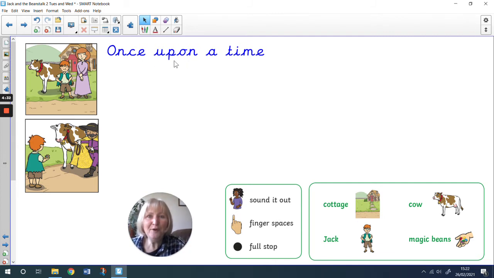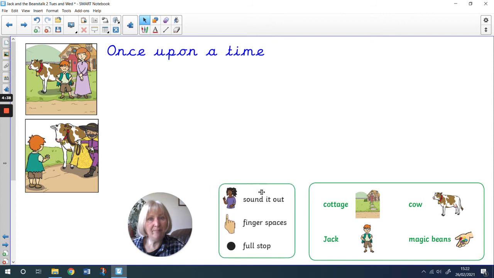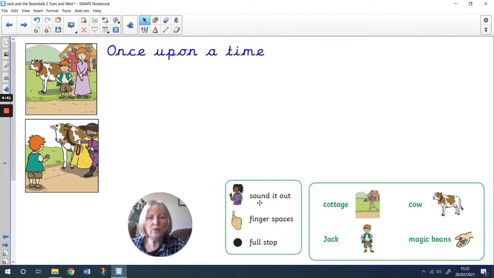Once upon a time. And then down here, this is to help you remember how to do good writing. We're going to sound it out. We're going to listen for the sounds in the words and try and spell them. We're going to leave finger spaces between every word, and we're going to remember a full stop, aren't we, at the end of every sentence.